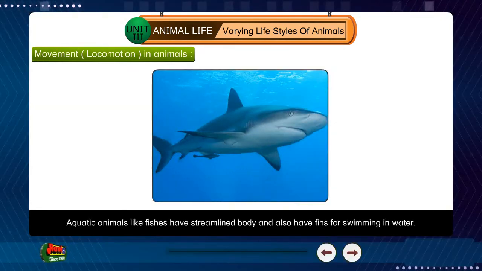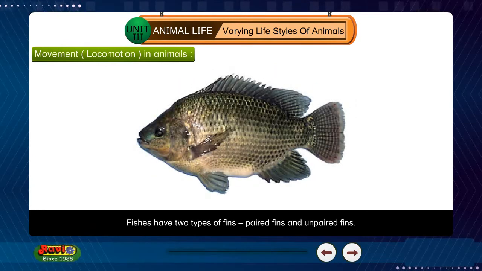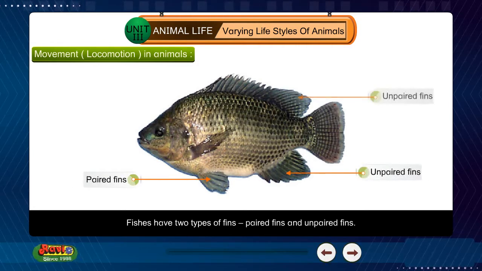Aquatic animals like fishes have a streamlined body and also have fins for swimming in water. Fishes have two types of fins, paired fins and unpaired fins.